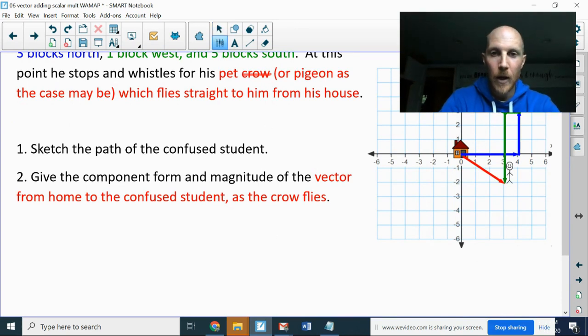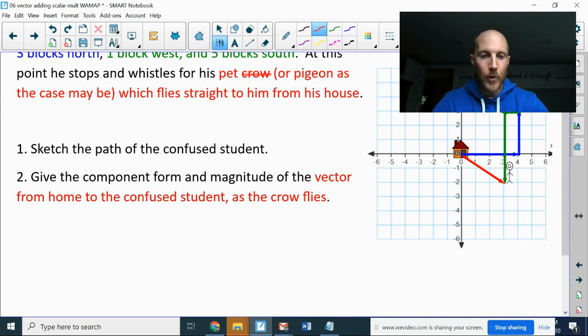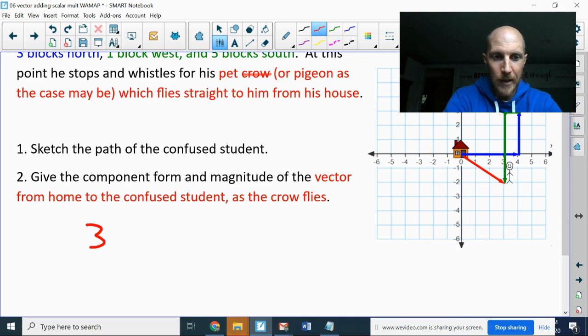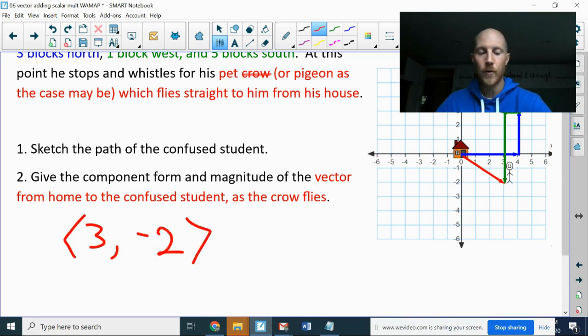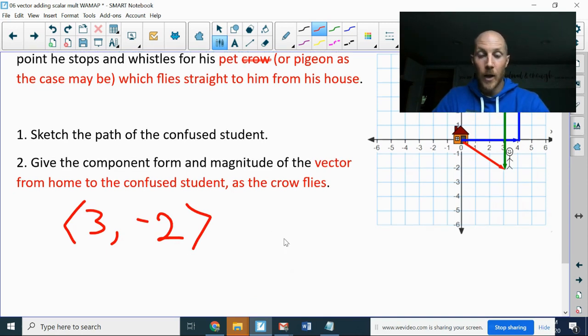Okay, so I'll assume that you've done this on your own while I was laughing at myself. So the pigeon is going to go 3 blocks to the right, so that's going to be +3, and 2 blocks down, so that's going to be a -2. So there's my component form in pointy brackets: 3, comma, -2. And the magnitude.